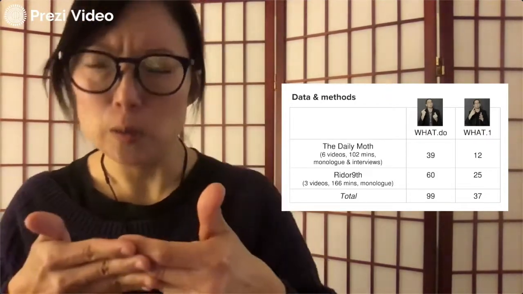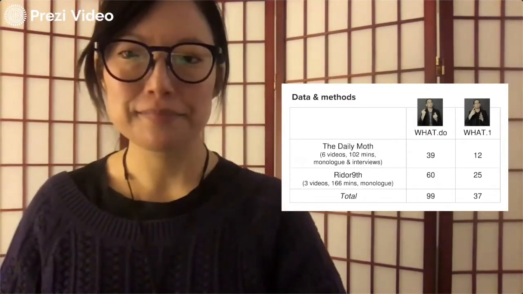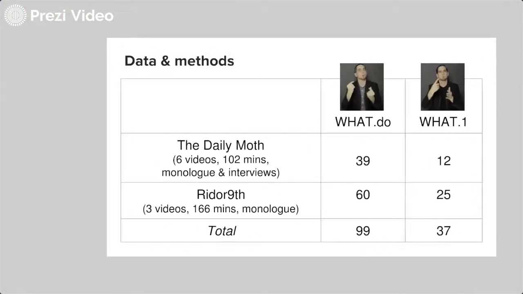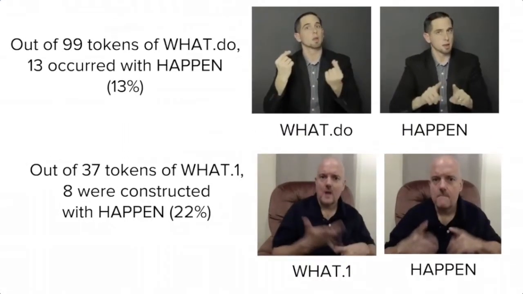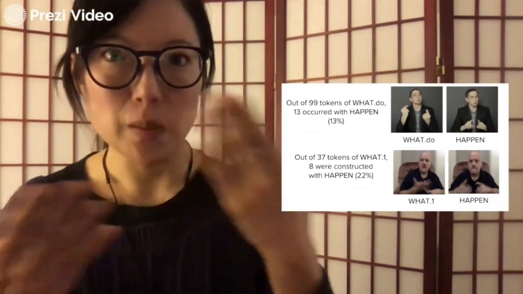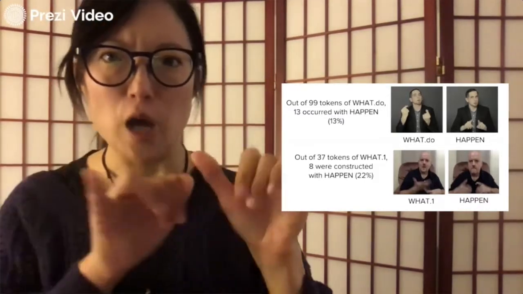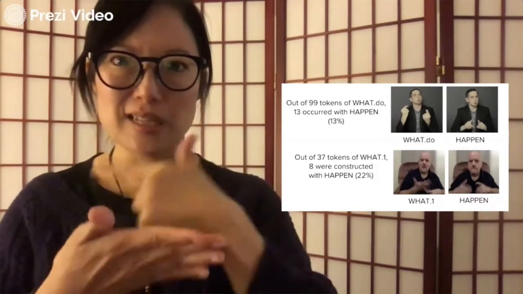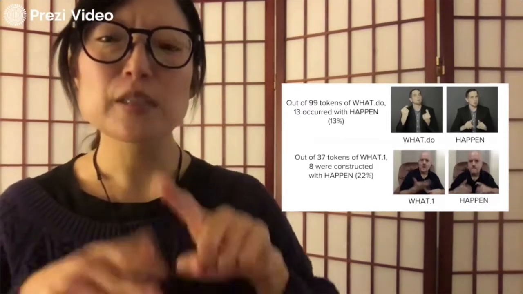When we looked at the data more closely, we found some interesting patterns. What's interesting is that we have identified robust patterns of multi-sign sequences in which different functions emerge.